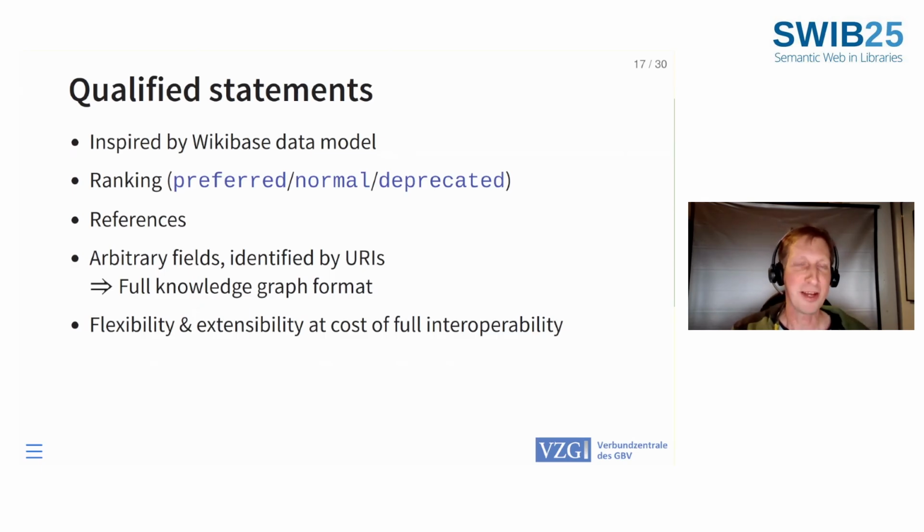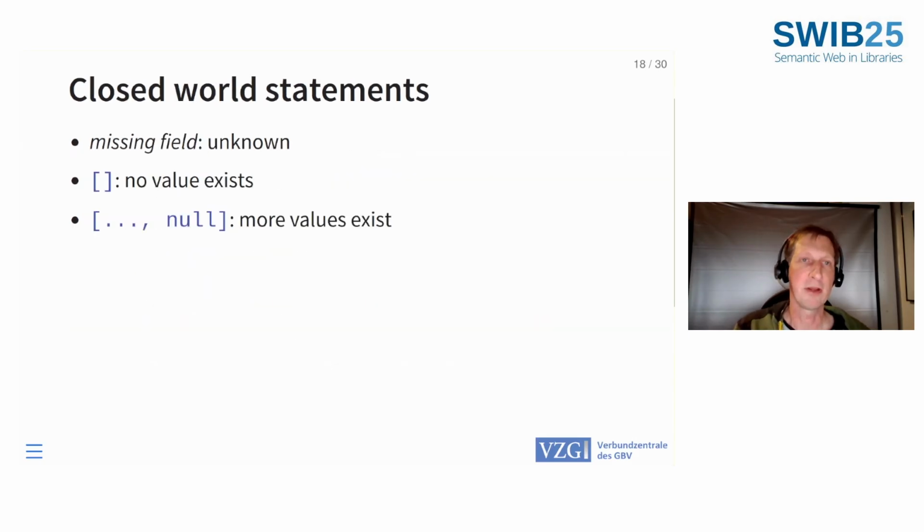Then we have another feature that is only used in parts of the applications, and this is about closed world statements. So if some field is not given in a record, for instance, there's no preferred label, then we don't know about it. If something only has a URI, it may have a label or it may have no label.